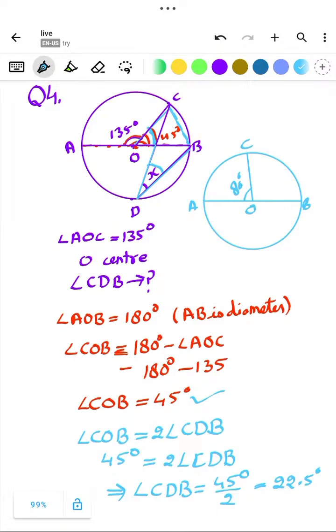Angle AOC is 80 degree. Then you have to find angle ADB. This angle you have to find out. This is similar to question number 4. So if you will try, you can find the answer easily.